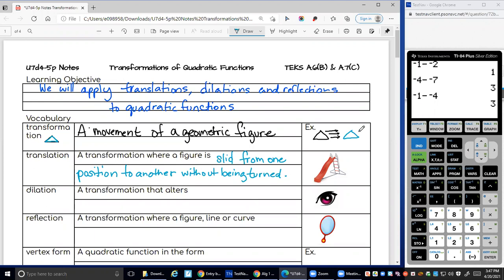Okay, so this right here, that is a translation. It's like a slide, right? It just slid to the right, okay?